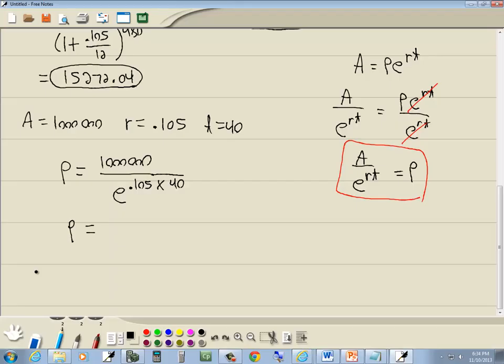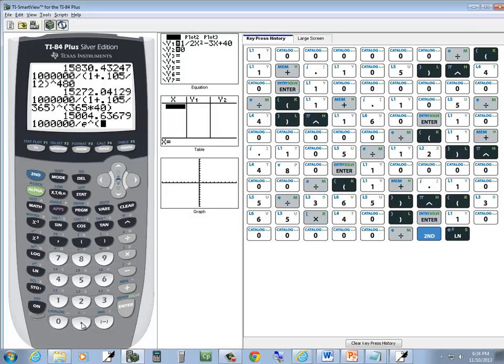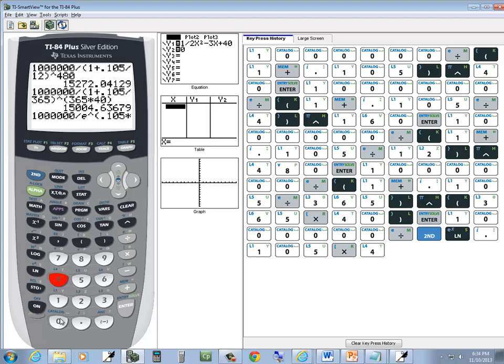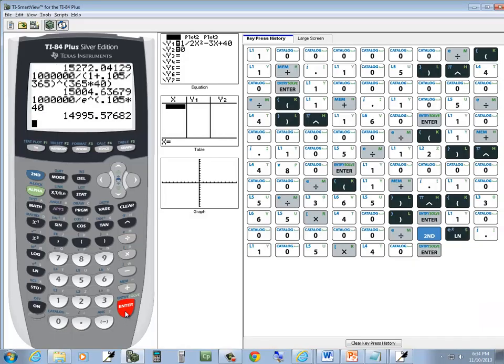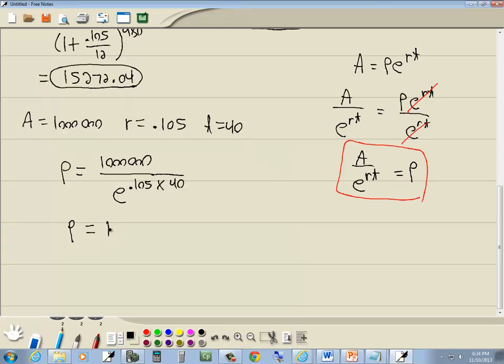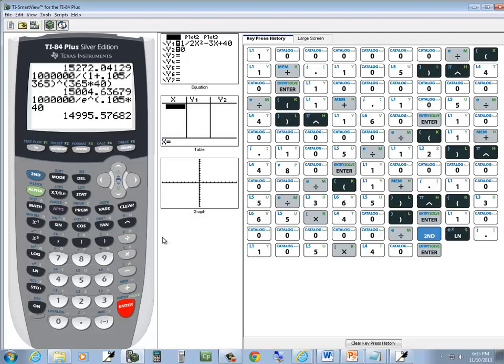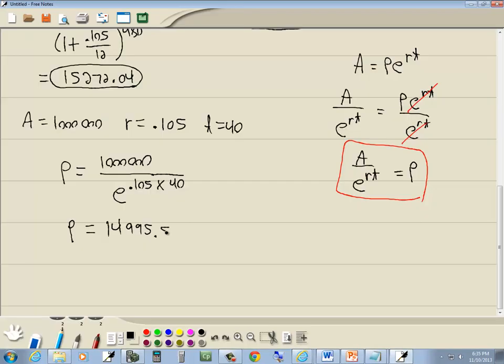It puts e, puts a caret, puts a beginning parentheses. Now we're going to put in 0.105 times 40. Enter. And that gives us $14,995.58. And that's our answer.